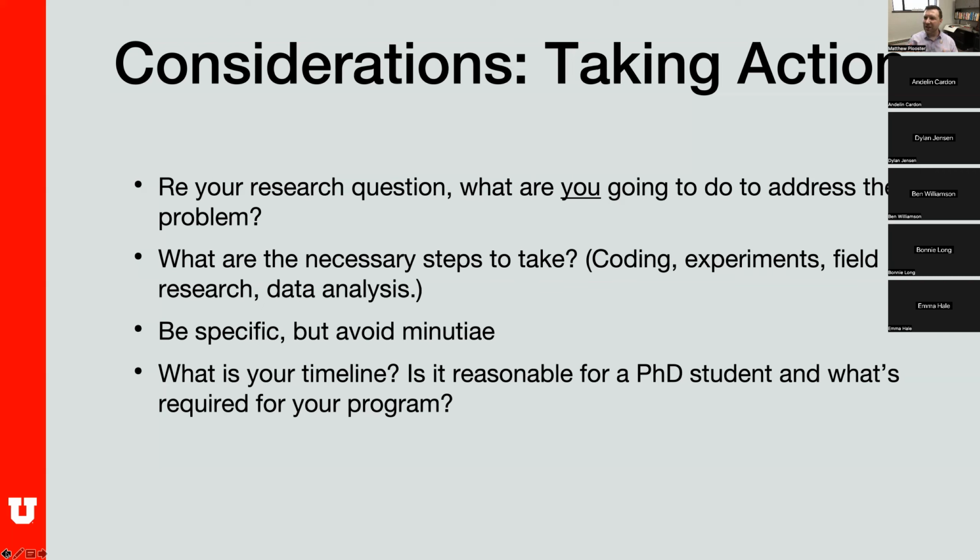So I hope that differentiation helps frame that for you. So when we talk about what is your timeline, and is this reasonable for you as a PhD or a master's student to do, you don't want to have a 10-year timeline for a PhD or a 10-year timeline for an MS program, because you should not be in your PhD program for 10 years.